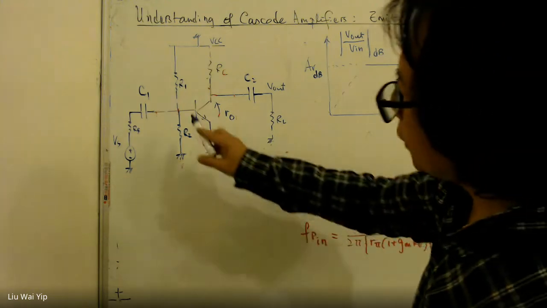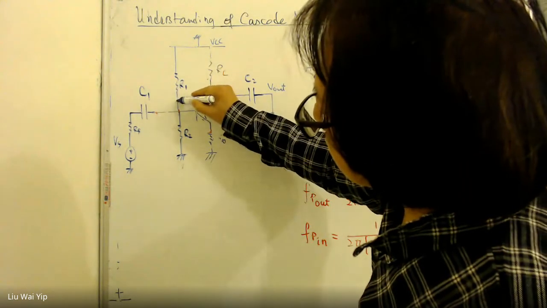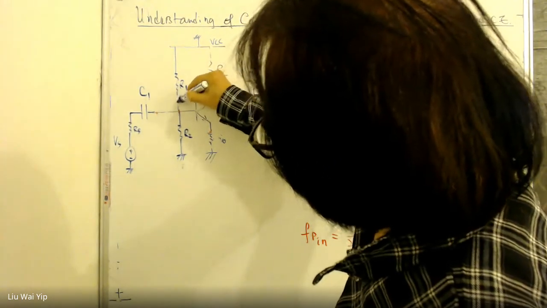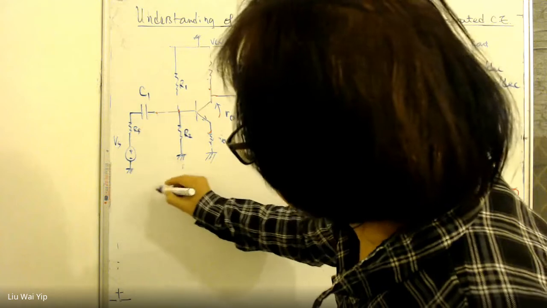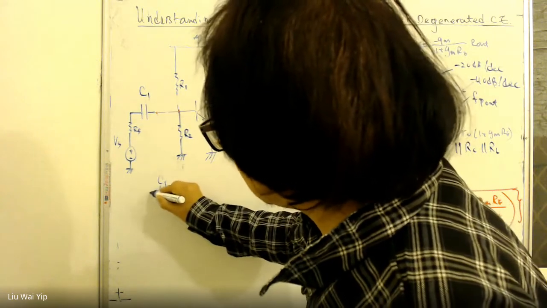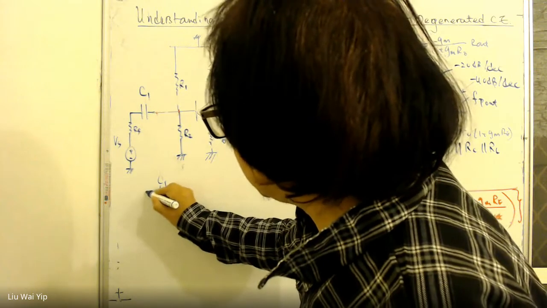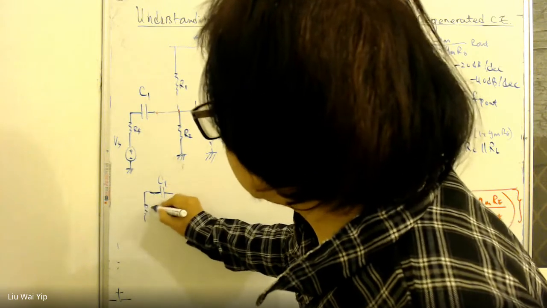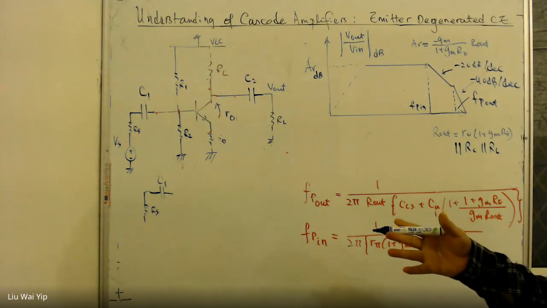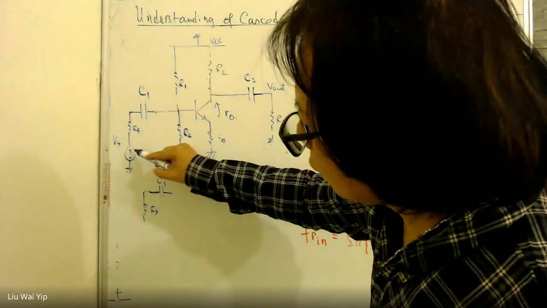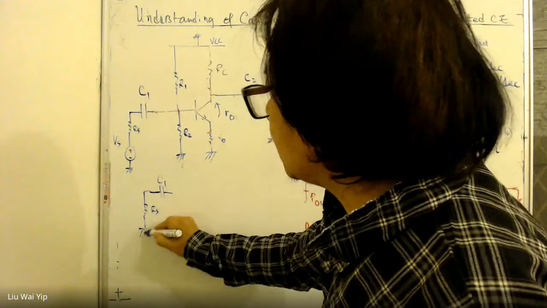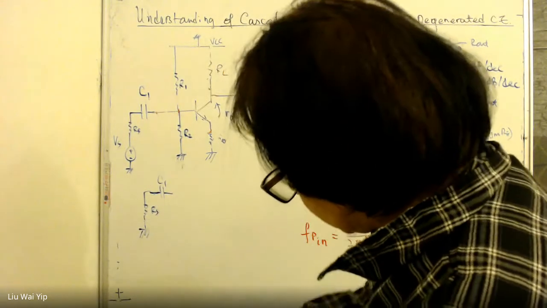Depending on the nature of the network. Right now, it is a series network. In this case, it is a capacitance C1 connected with a resistance RS. And when we are dealing with frequency analysis, all the independent voltages will be shorted to ground. So this one is essentially grounded.